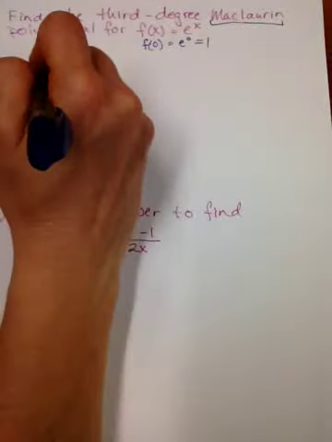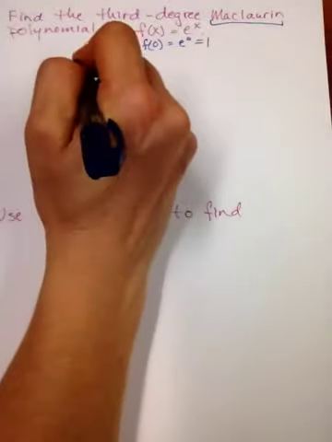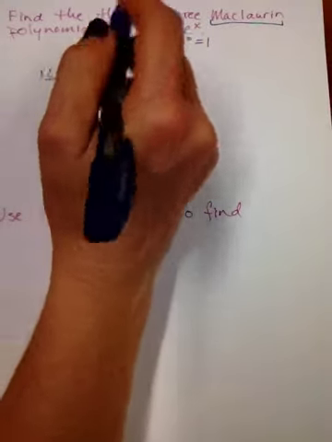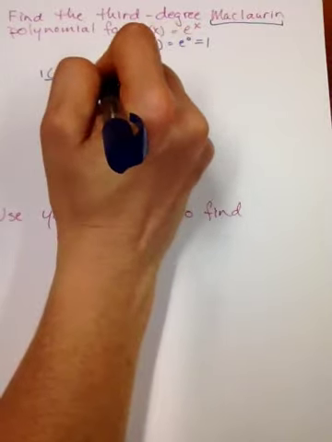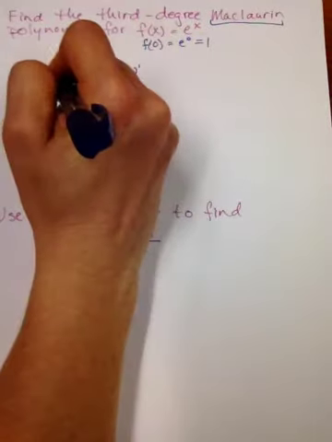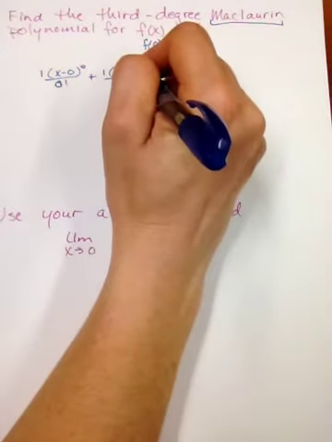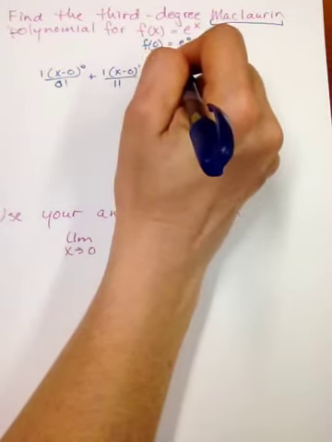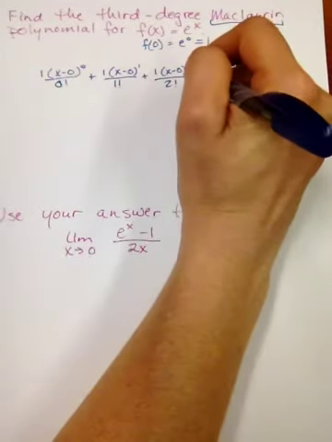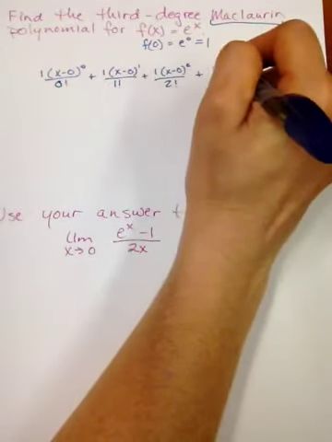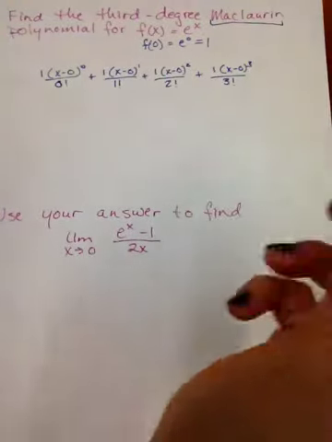I know that I'm going to have a 1 times x minus 0, because it's Maclaurin, to the 0 over 0 factorial, plus 1 times x minus 0 to the first over 1 factorial, plus 1 times x minus 0 squared over 2 factorial, plus 1 times x minus 0 cubed over 3 factorial.